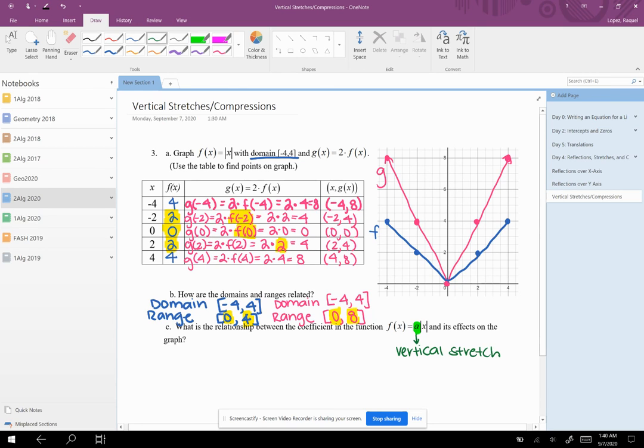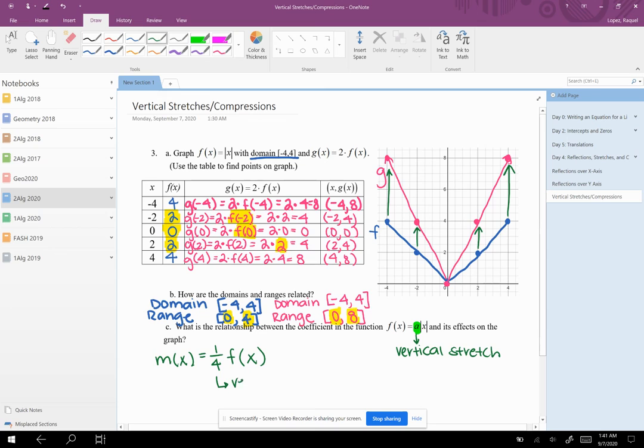We can see that when we plug in a number like 2 or 3 or 4, we're going to get a skinnier graph, and they get vertically stretched. So this point goes up, this point got vertically stretched, this point got vertically stretched, and this point got vertically stretched.